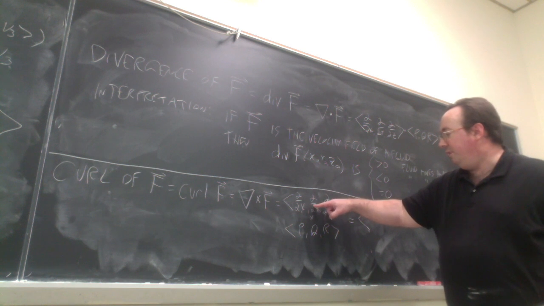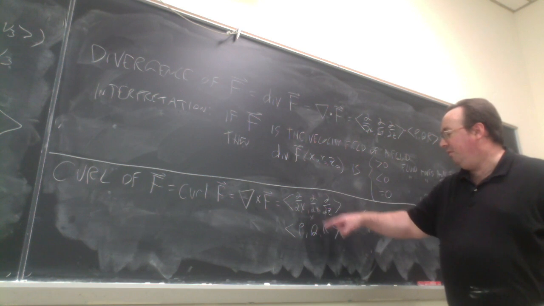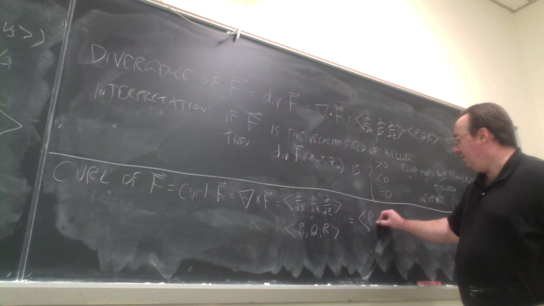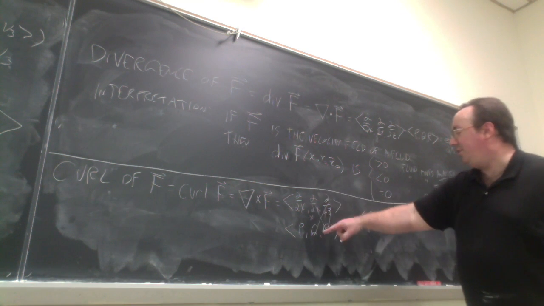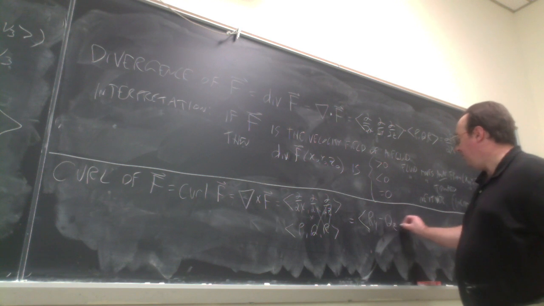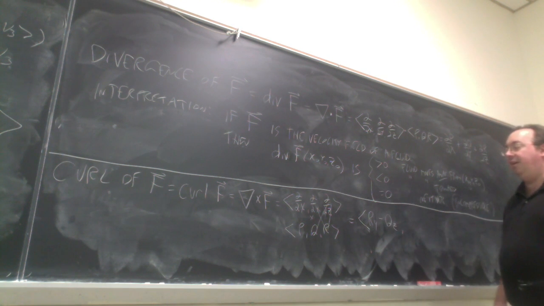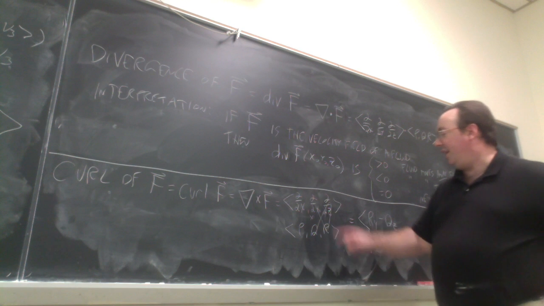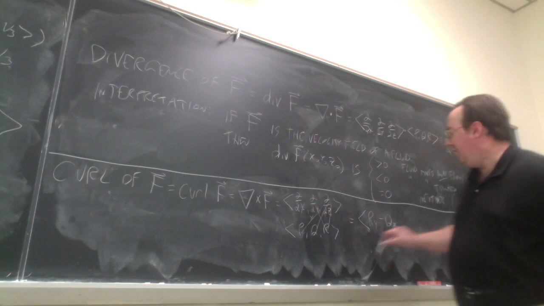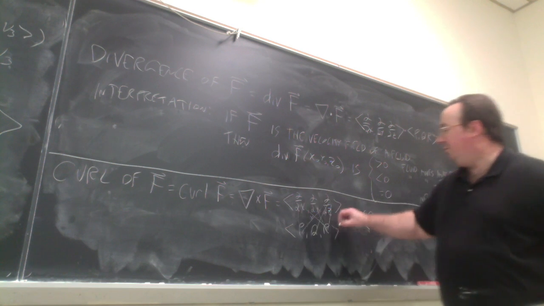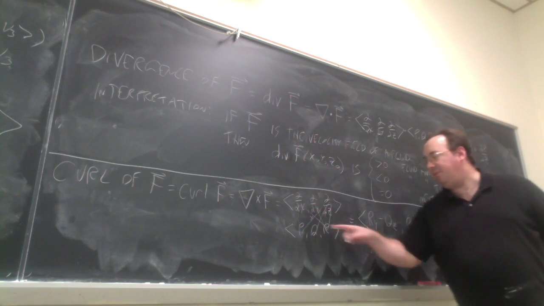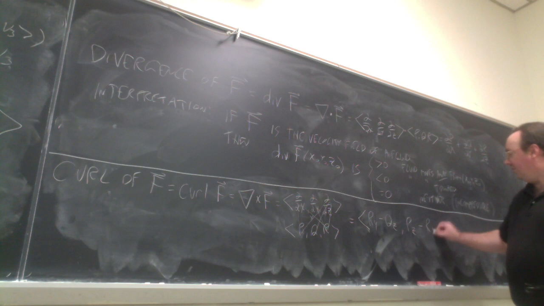So what I would get is, so this times this, so R_y minus Q_z is the first component. And then for the second component, I had this times this, so P_z minus d/dx times R, so minus R_x.